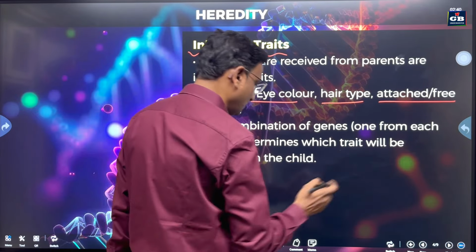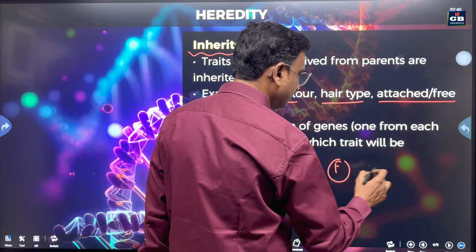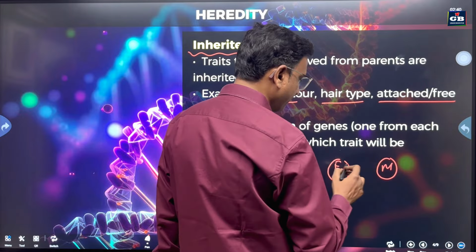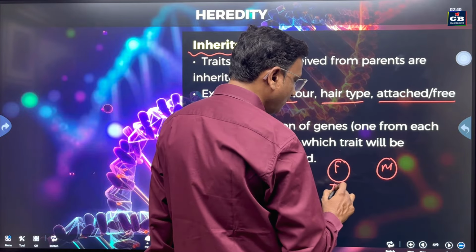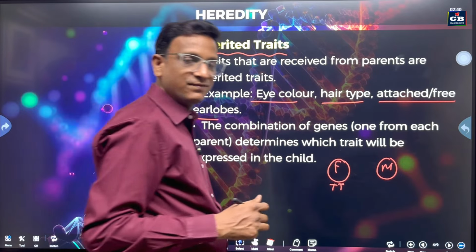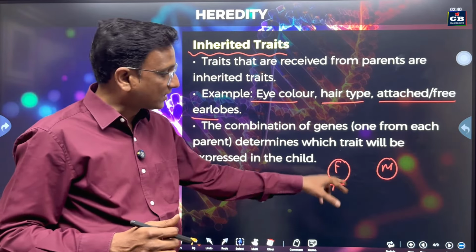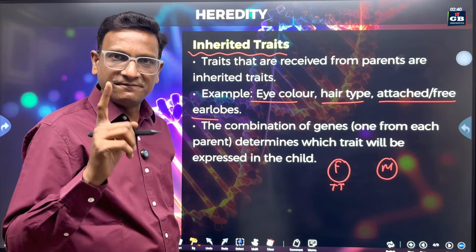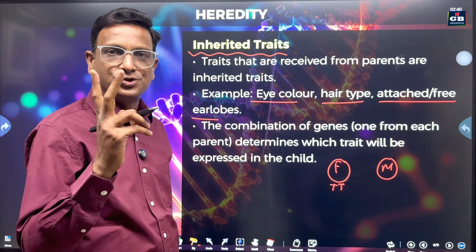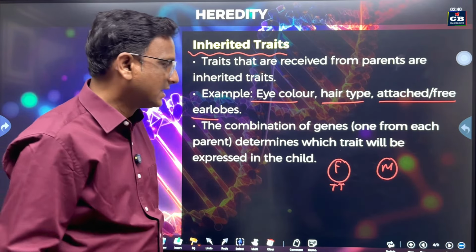Let me explain. Here, father, mother. Father is having two genes for his height. Both are tall. So for every characteristic, how many genes will be there? Two genes. These are called alleles.